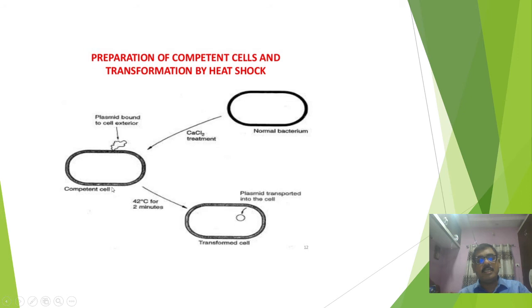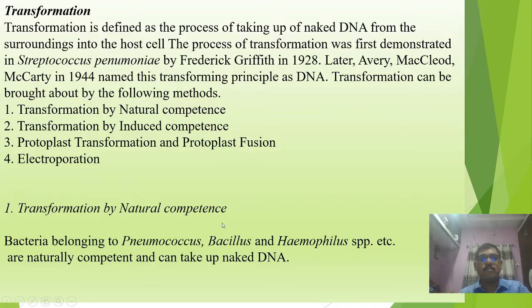It makes the membrane permeable to the plasmid, so the plasmid will enter the cell. This plasmid has our desired gene, and the cell having our desired gene with the plasmid we call a transformed cell. That process is called transformation.